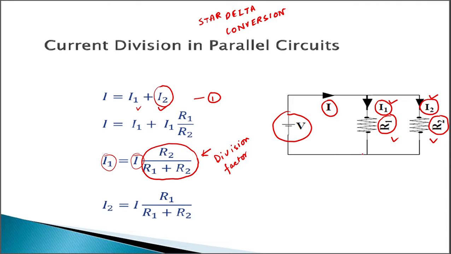Now, there is a simple way to remember this. If we are calculating the current through the resistance R1, which is I1, then we take the supply current and multiply that by the furthest resistance, which is R2, divided by the summation of the total resistance in the circuit, and this also includes the internal resistance of the circuit.